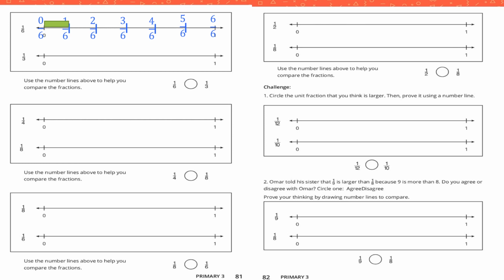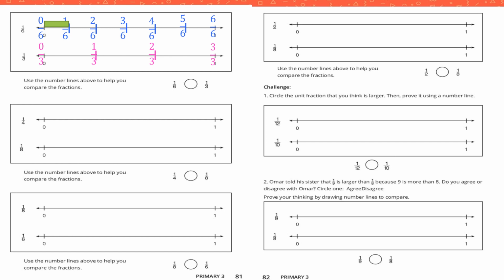Okay, let's represent also 1 over 3. We said it in the previous paper. Okay, also 2 dashes to make 3 equal parts, and label each dash 0 over 3, 1 over 3, 2 over 3 till 3 over 3.